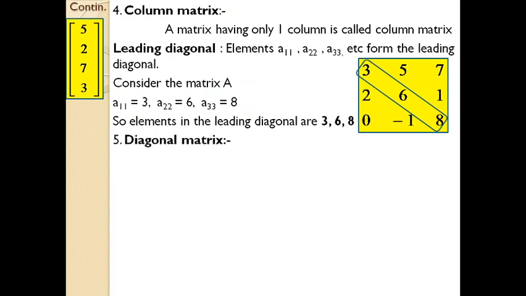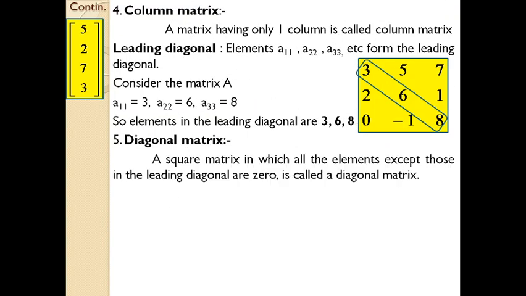Next one, diagonal matrix. I hope you understand what is meant by leading diagonal. So a diagonal matrix is almost similar to the leading diagonal. We will discuss that part. A square matrix in which all the elements except those in the leading diagonal are 0 is called a diagonal matrix.